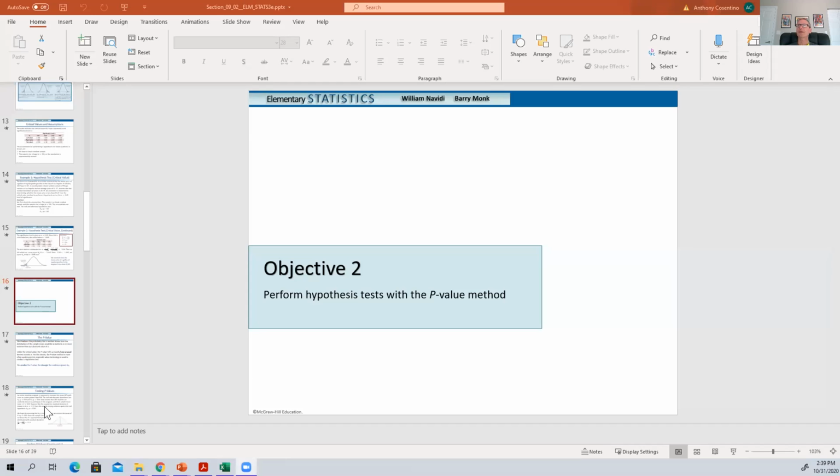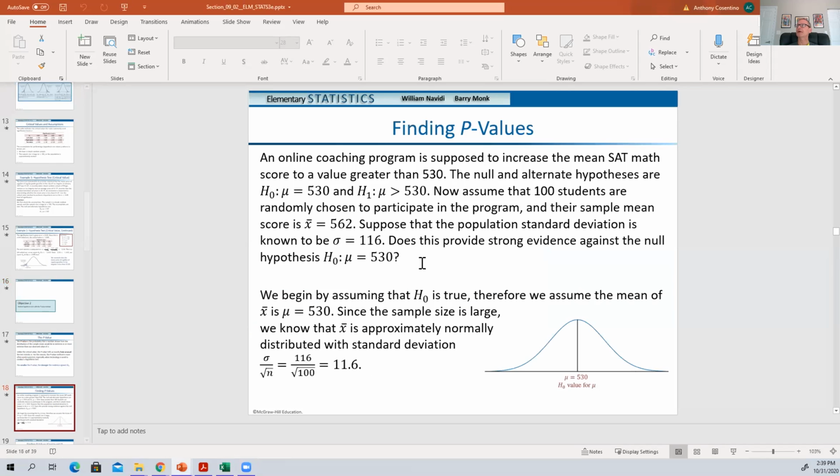And so the idea here is that we're going to walk through the same one we did in the z-score testing. And this was a SAT prep class. And the claim is that the SAT prep class gives you a better performance than if you just didn't take the class, right?